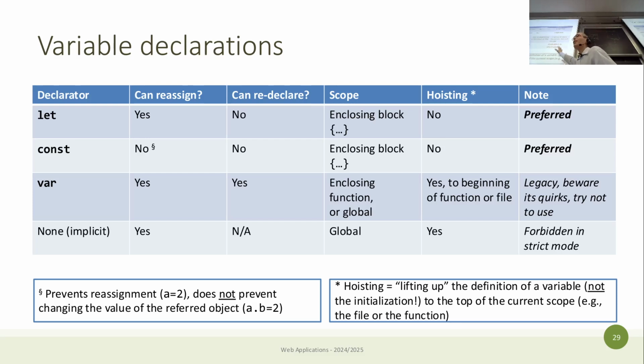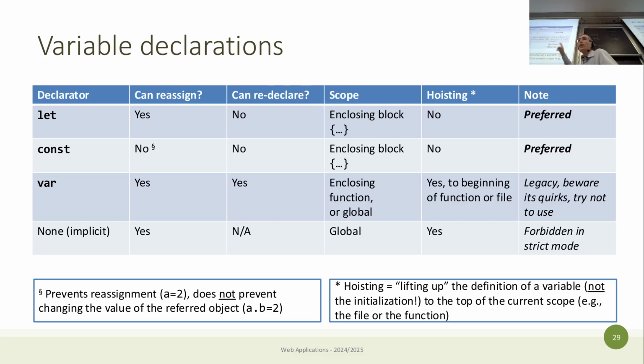Those are very, very dangerous behaviors, and we don't want to have them. The last behavior is forbidden in strict mode, luckily. So if we put use strict, when the interpreter reads the code and finds an undeclared variable, it will stop. And so basically it allows us to understand there's probably an error, a mistake in the program.